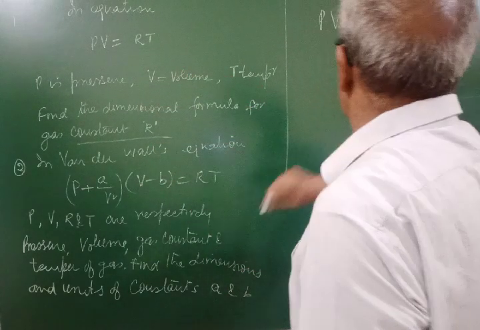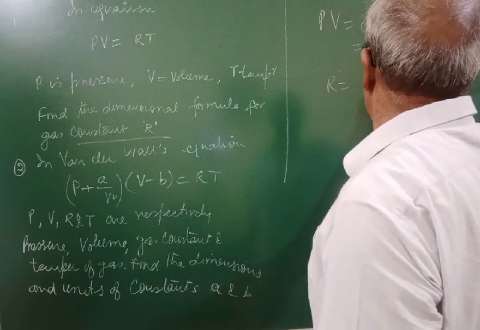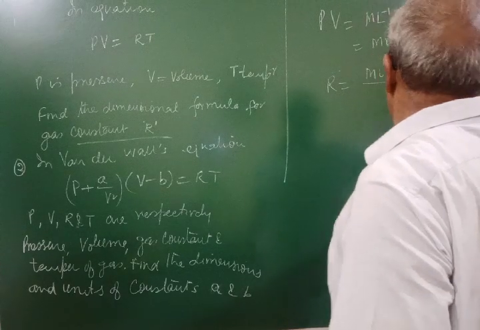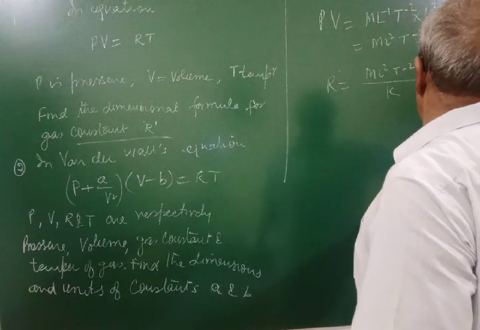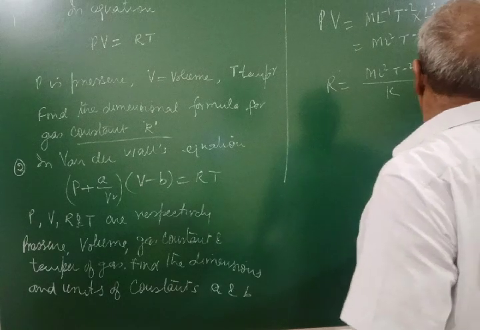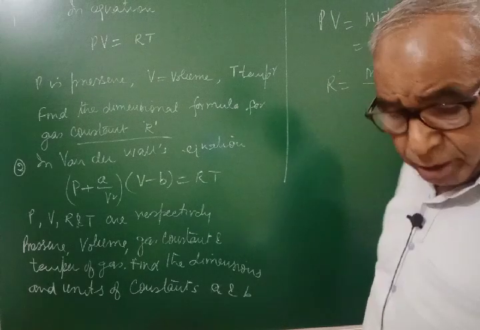And T is temperature, so R is equal to M L^2 T^-2 upon temperature K. So it becomes M L^2 T^-2 K^-1. This is the dimensional formula for gas constant R.